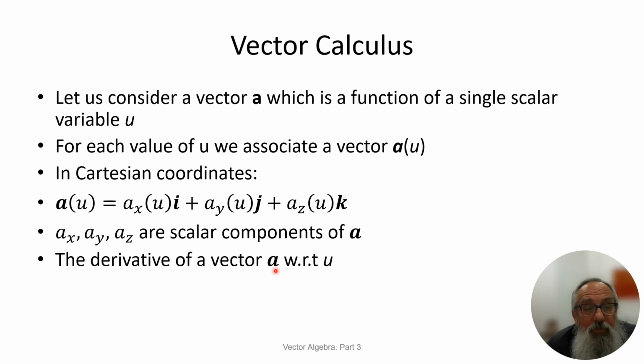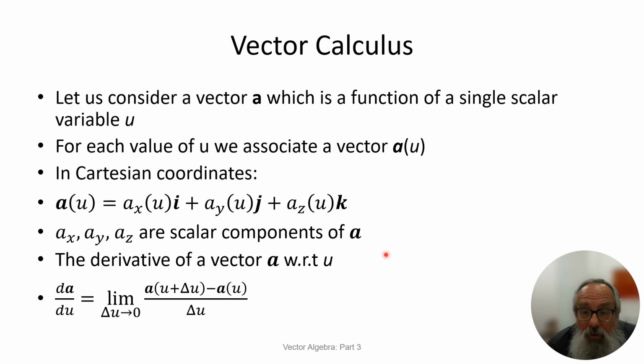A derivative of the vector A with respect to u would be simply the same as what a derivative would be for any scalars that you're normally used to working with. So dA/du is the limit as delta u goes to 0 of A(u plus delta u) minus A(u), so a small step in A divided by a small step in u, with the small step going towards 0.